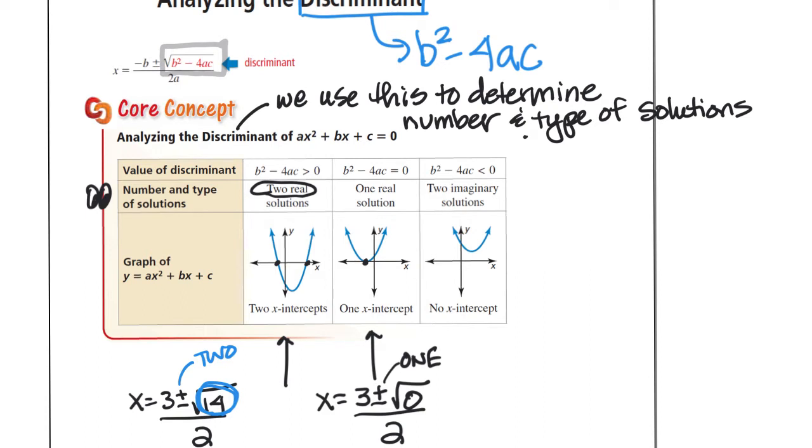And then the last option is over here, and that is when it doesn't even hit the x-axis. And we know in that case it has 2 imaginary solutions. And in order for us to talk about something being imaginary, we know that i is going to come in, and we recall that i is equal to the square root of -1.